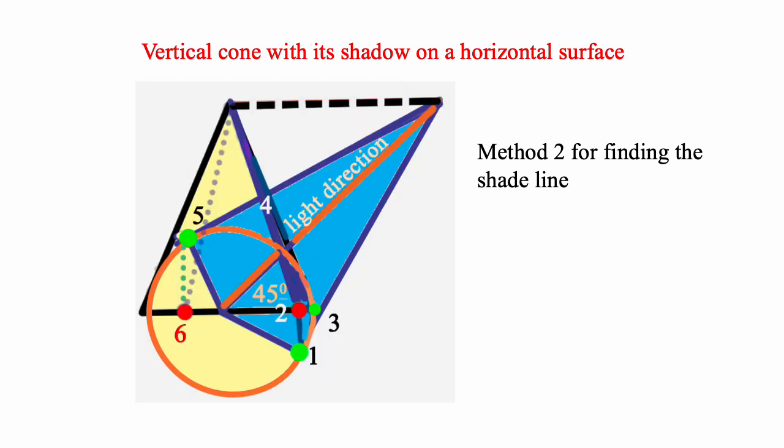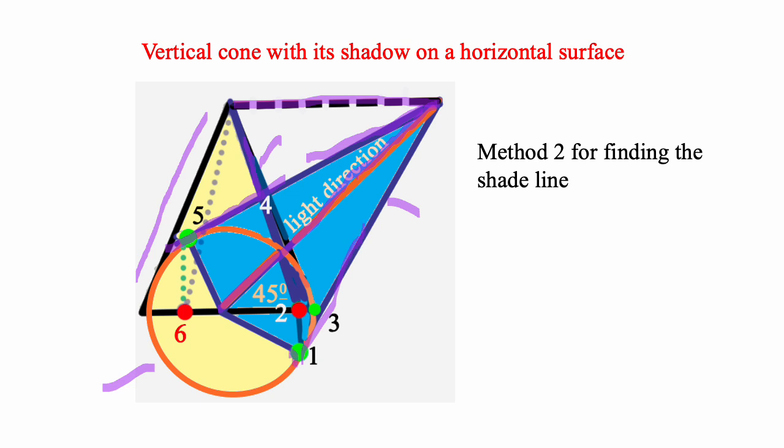Here again, I want to find this shade line, number 4, on a vertical cone. So what I have is the elevation view of the cone, I have the plan view of the cone, and I have the shadow, and we're trying to find the shade line. So first draw the light direction from the middle of the circle, and it stops when it reaches the top of this cone. Then draw the sides of the cone that are tangent to the circle at point 1 and point 5.